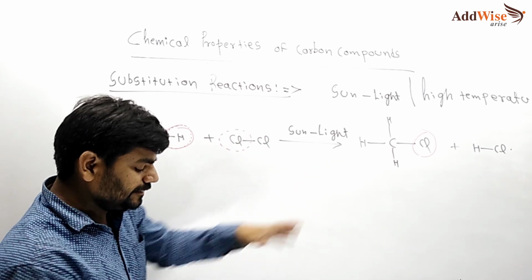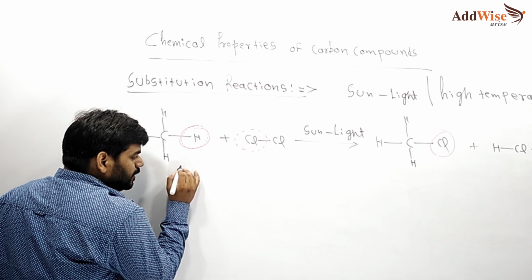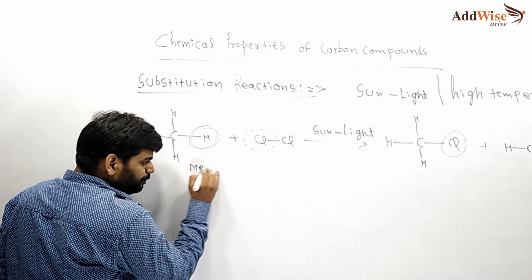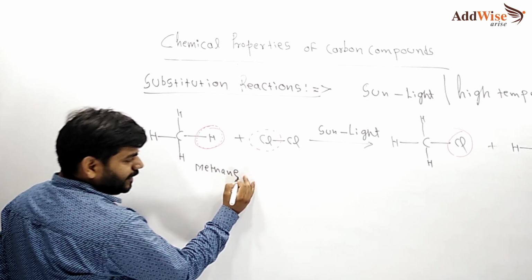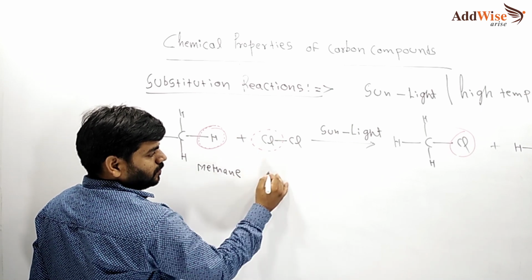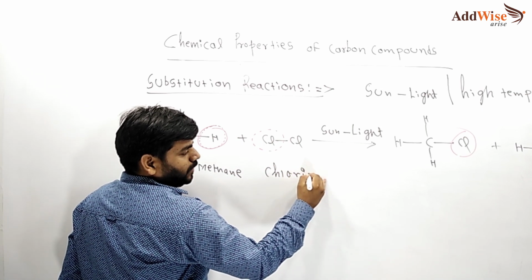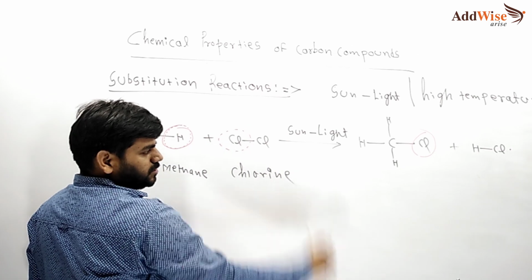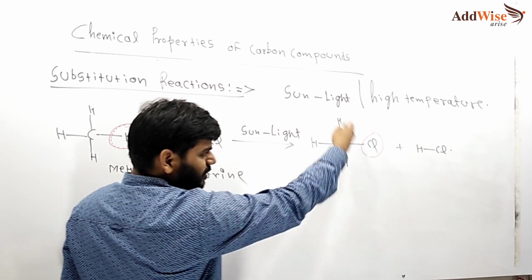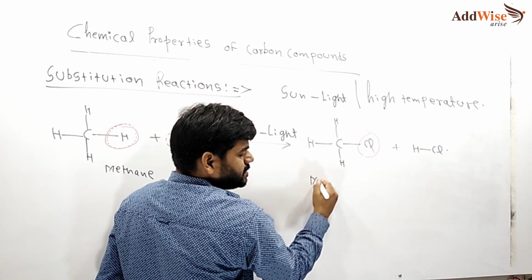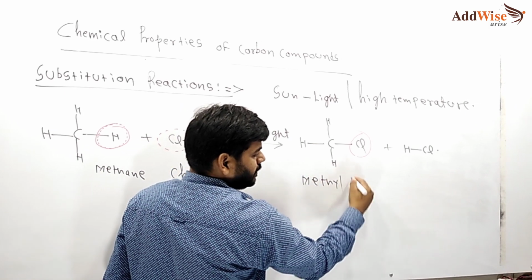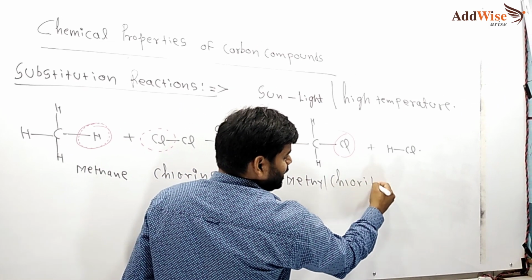In this reaction, we have methane reacting with chlorine in presence of sunlight. The possible product here is called methyl chloride.